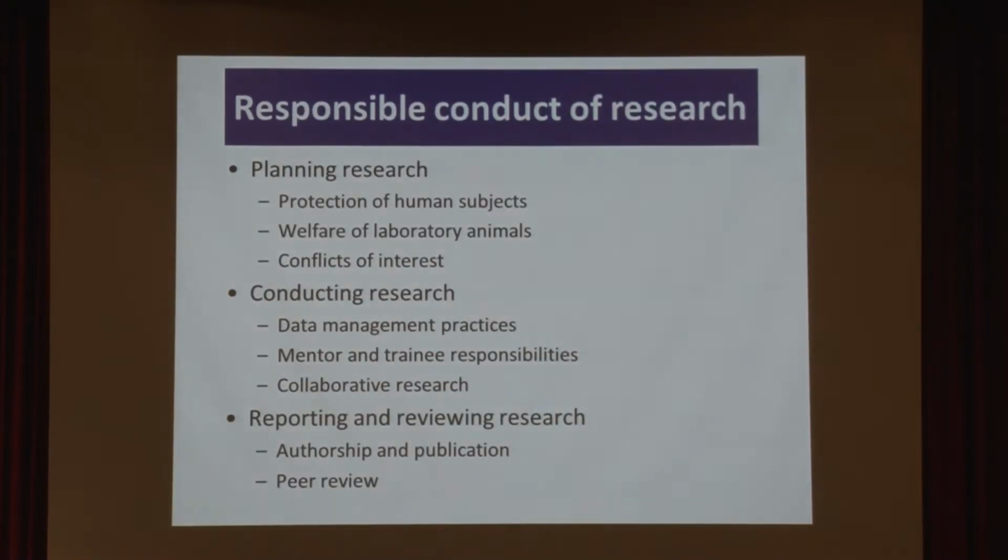So what is involved? Responsible conduct of research addresses how you plan research, so that you are responsible and that you respect all different aspects of your research so that it really can serve the community. It involves ethical issues, so how you're going to protect human subjects, animals, what kind of conflicts of interest you may have.